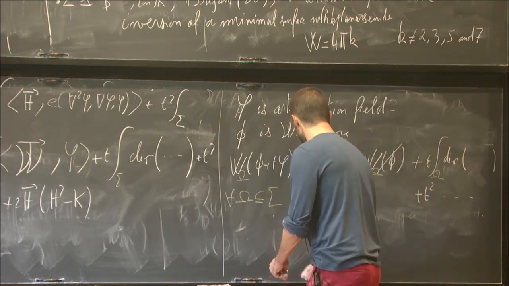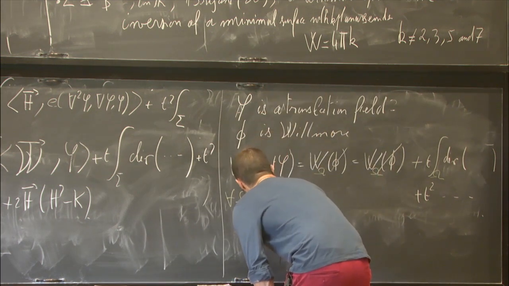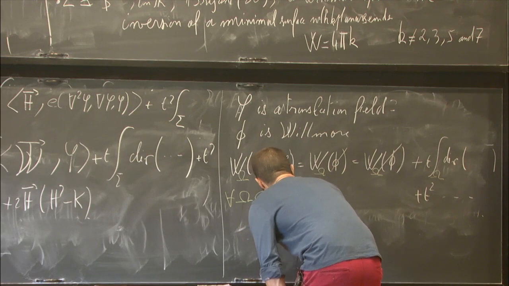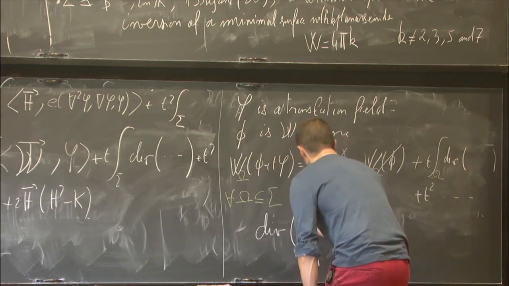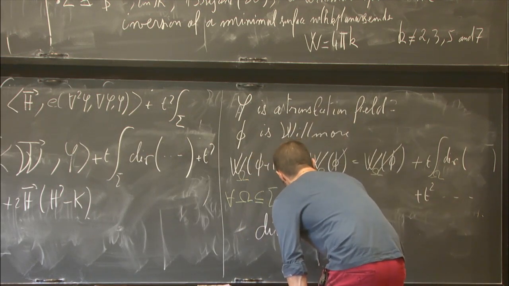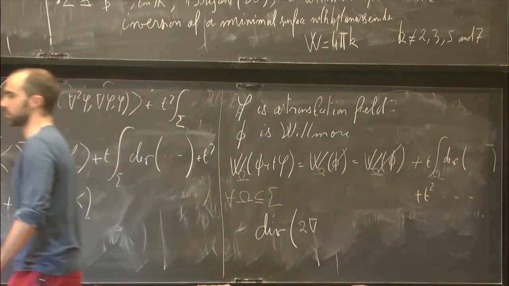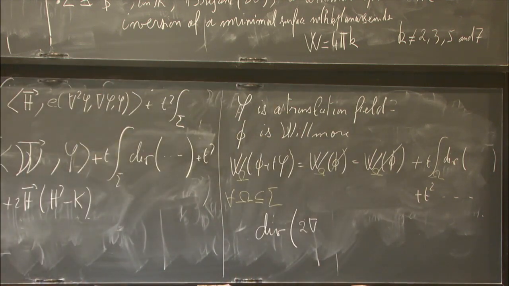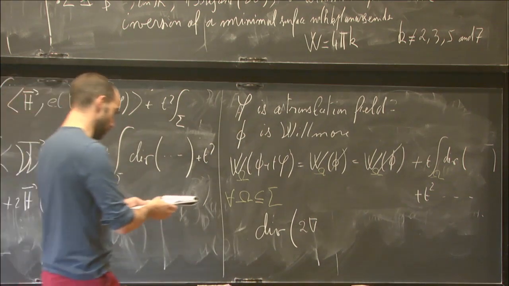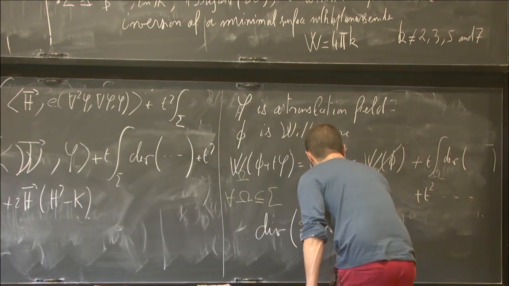And in fact, you get some pointwise expression of the divergence, and now I'm going to give you the expression of this. So this is the divergence form of the Willmore equation.